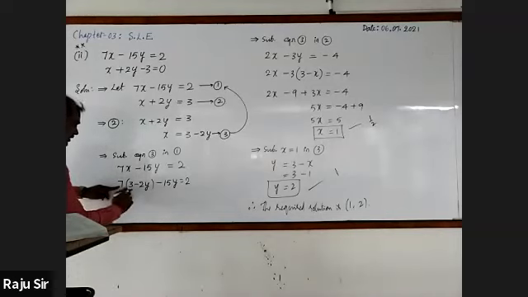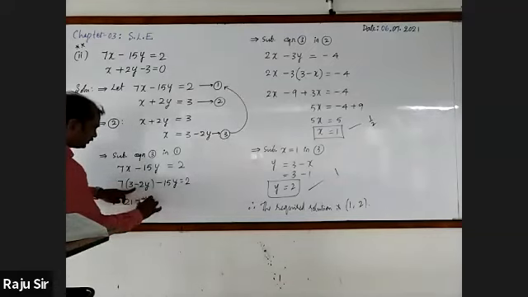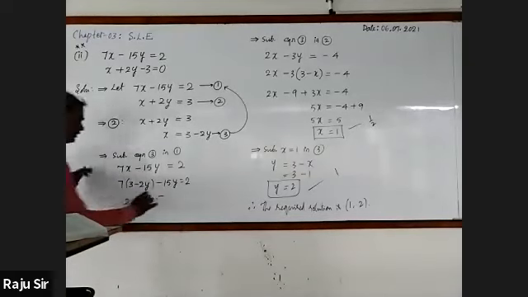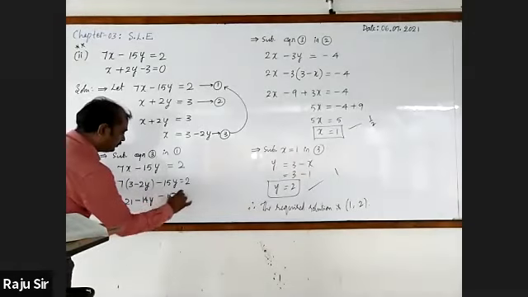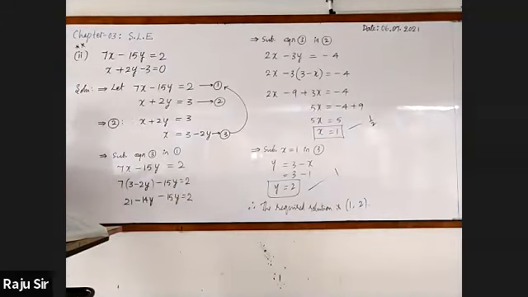Next, multiply. 7 threes are 21, minus 7 twos are 14y, minus 15y, equal to 2.